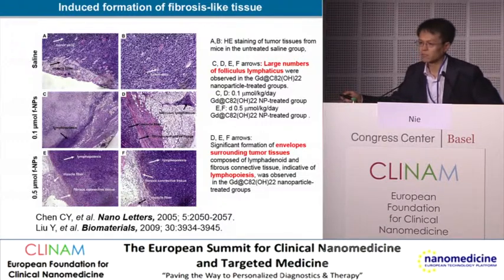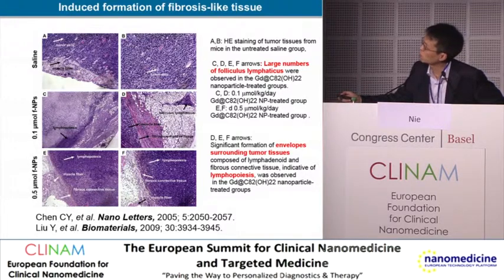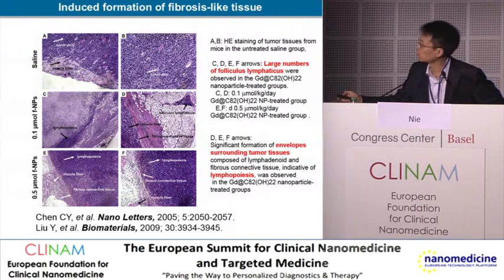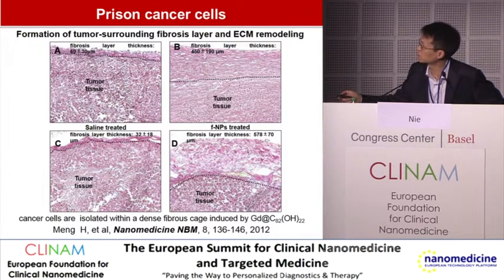And there's another very dramatic pathological observation. We kept looking and found that when these nanoparticles treat the tumors, they always show formation of fibrosis-like structures. We can see that here.